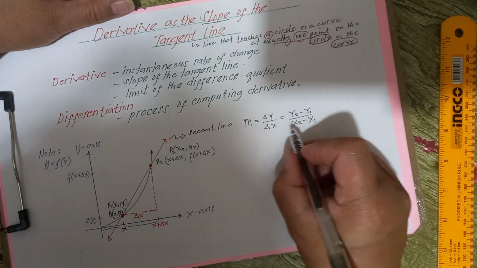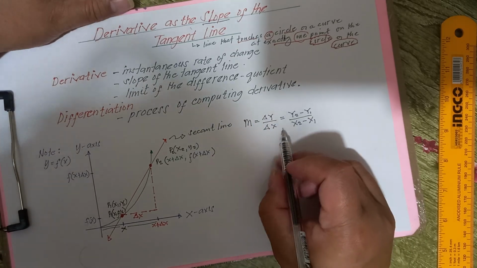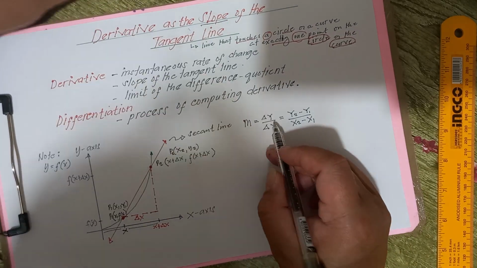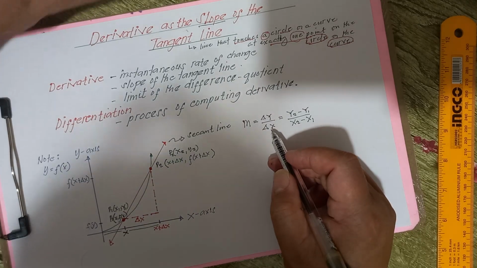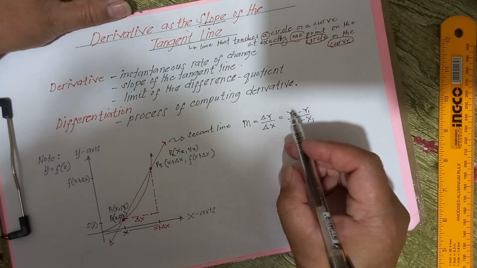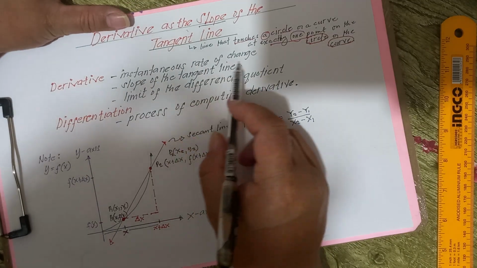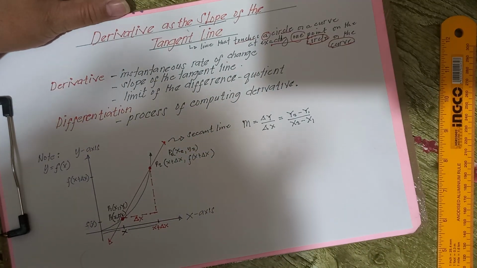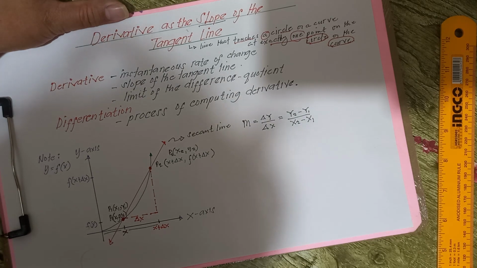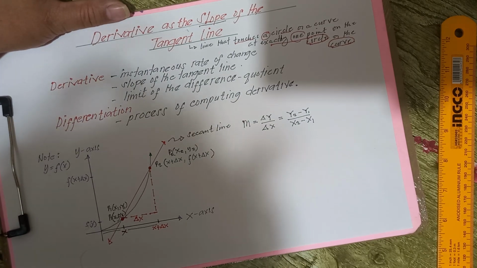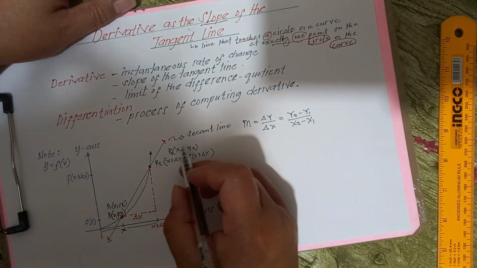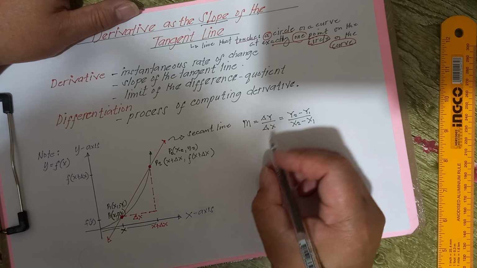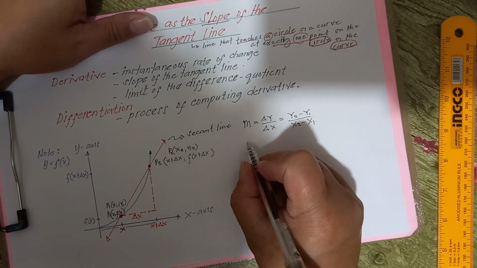Now before we continue, the change of y over the change of x in here is actually the definition of the derivative, which is the same as the rate of change. Now let's continue and get the slope of the second line.